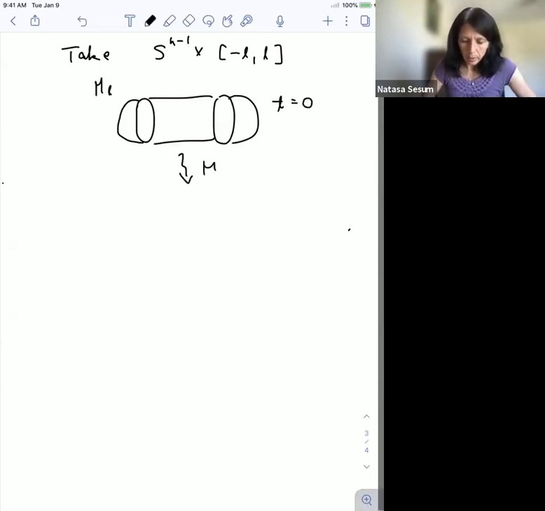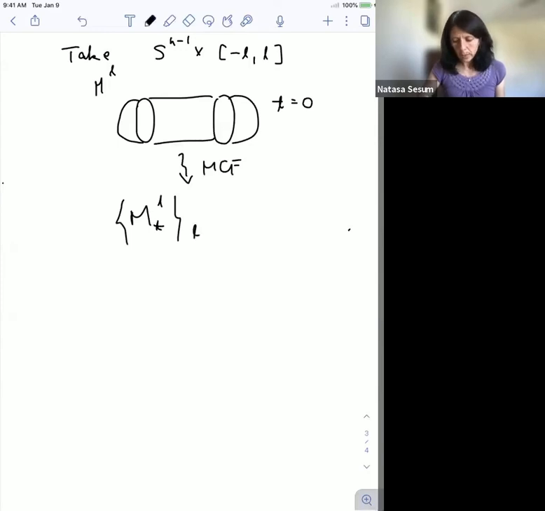Then we will evolve it by the mean curvature flow to produce the flow, which I'm going to call M_L,t, maybe putting this L just in the subscript. So we will produce this flow, and we know that it exists from time 0 to some singular time t_L.